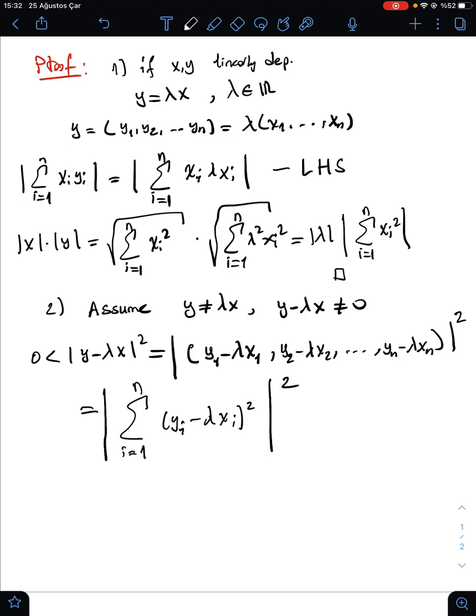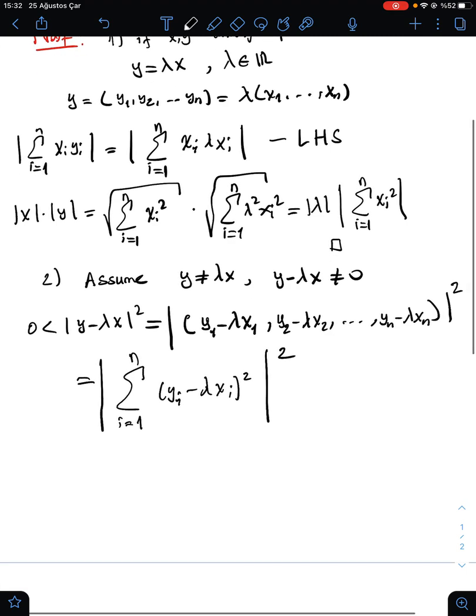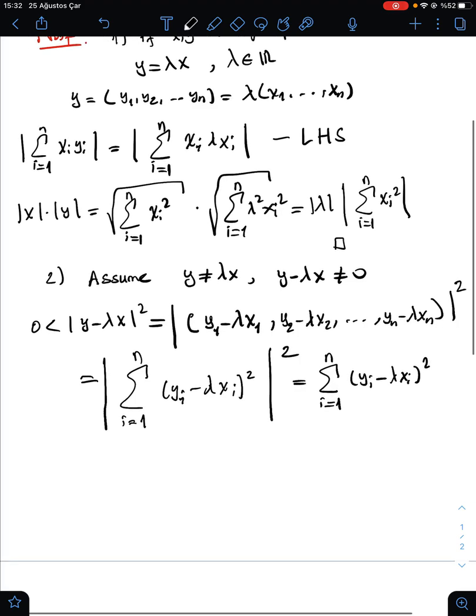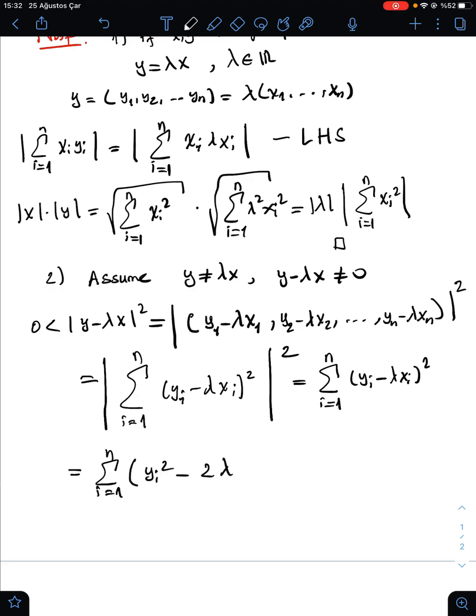Okay, let me write it again. We have this one. Now just open this expansion. So we get the sum from 1 to n of yi squared minus 2 lambda yi xi plus lambda squared xi squared.